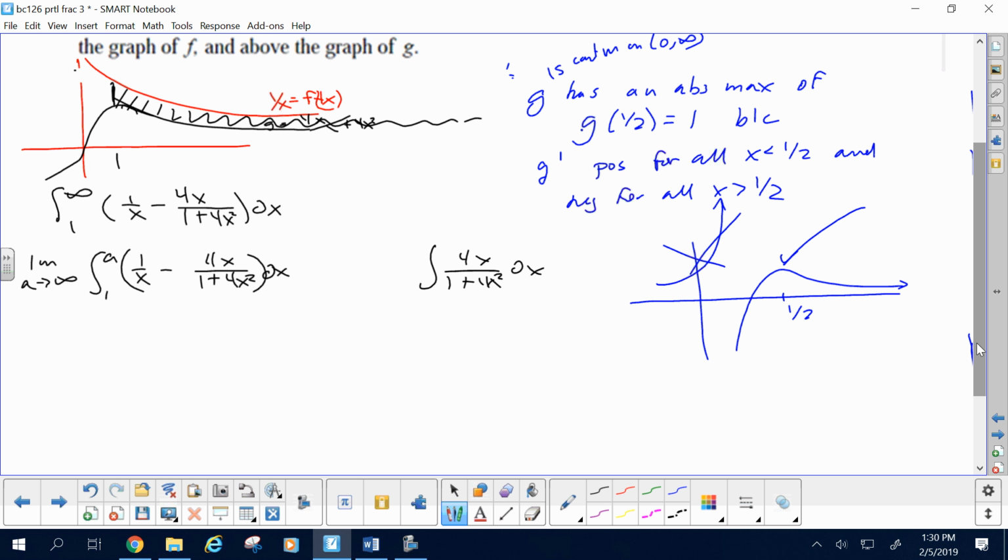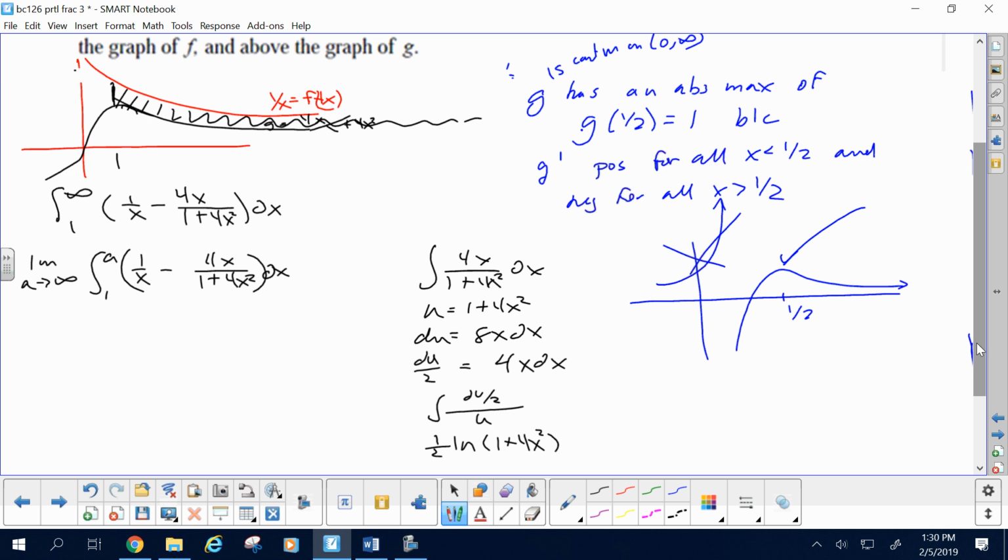If you anti-differentiate this, u equals 1 plus 4x squared. du is 8x dx. If you don't mind, I'm going to say that means 4x dx is du over 2. Are we cool? Therefore, that is du over 2 in the numerator and u in the denominator. So maybe 1/2 natural log of u, which is 1 plus 4x squared.